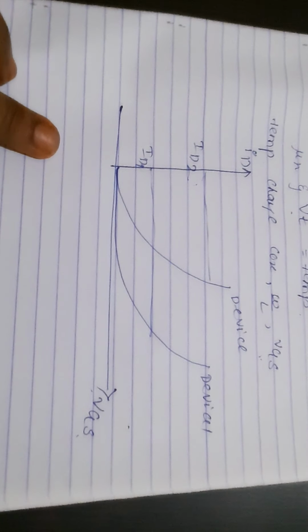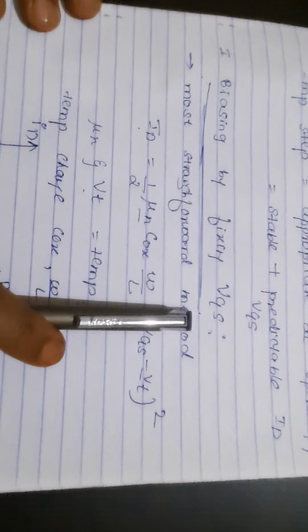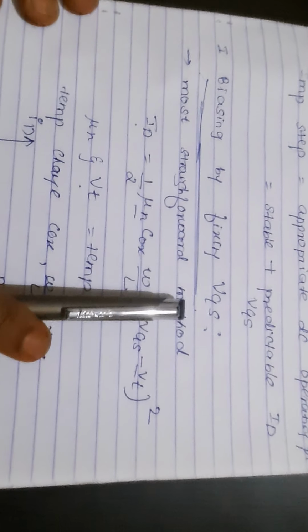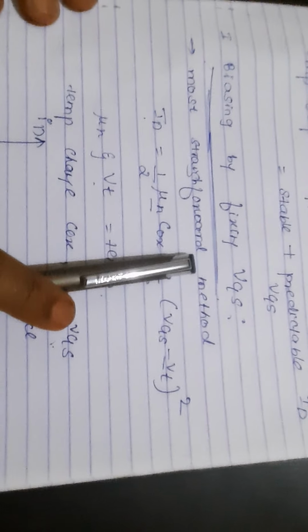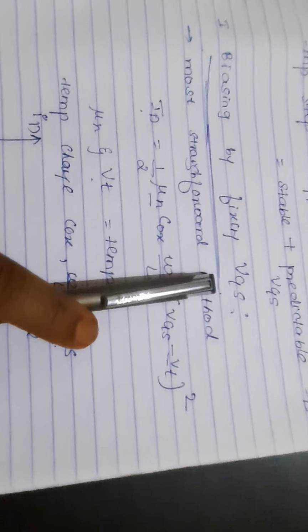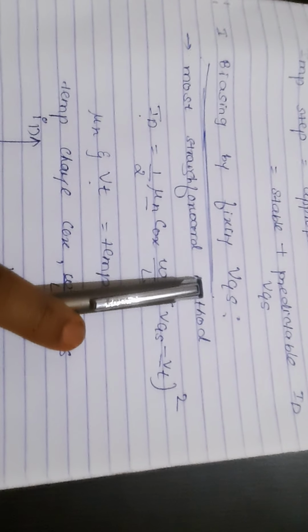I'll repeat once again the first one. Biasing by fixing VGS, the gate to source voltage for the MOSFET, is the most straightforward method, but it is not suitable. The drain current is given by this formula.